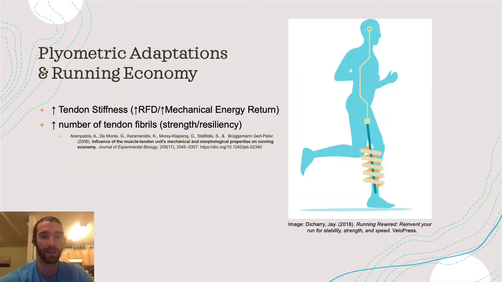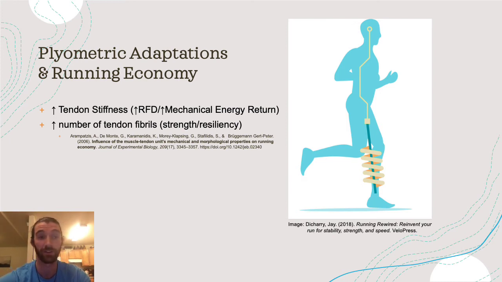Next, I just want to quickly highlight how plyometric adaptations to strength training influence running economy. And the main point here is just that tendon stiffness increases as it's loaded in a plyometric way with heavy loads and explosive forces.